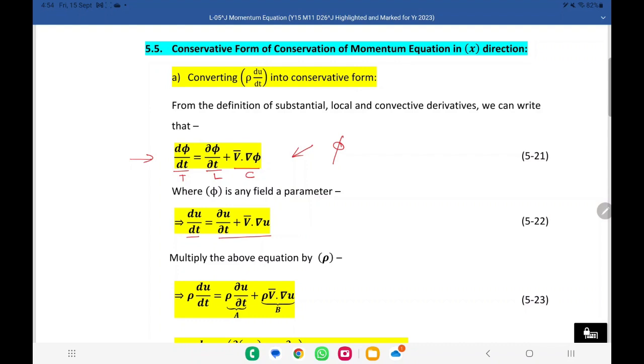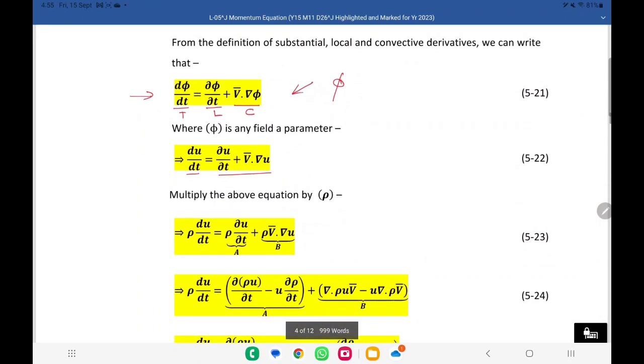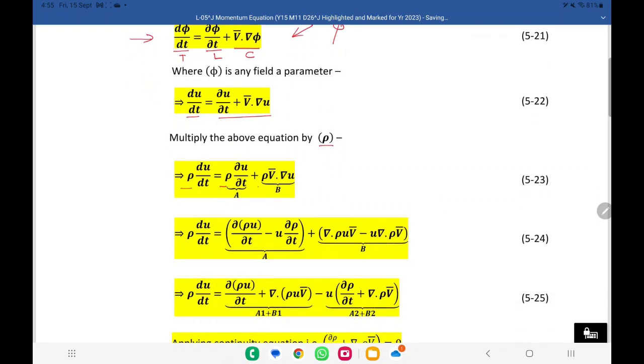Okay. Now I multiply this equation by rho on all the terms, right? And then what I do, this A term is actually written in two parts. Similarly, this is also written in two parts. Right?